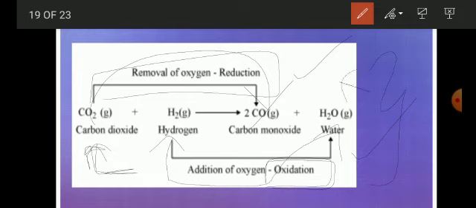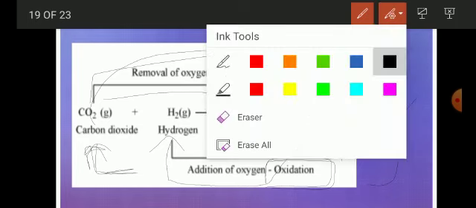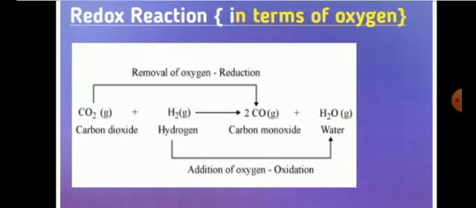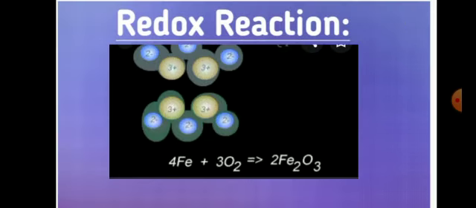So these are some examples in terms of oxygen. Before, I explained how we can explain your redox reaction in terms of hydrogen, and now I am teaching you in terms of oxygen, and I hope that it's clear. So let me move on with the next topic. Here I have added a GIF so that you can understand redox reaction very well, and in a better picture.